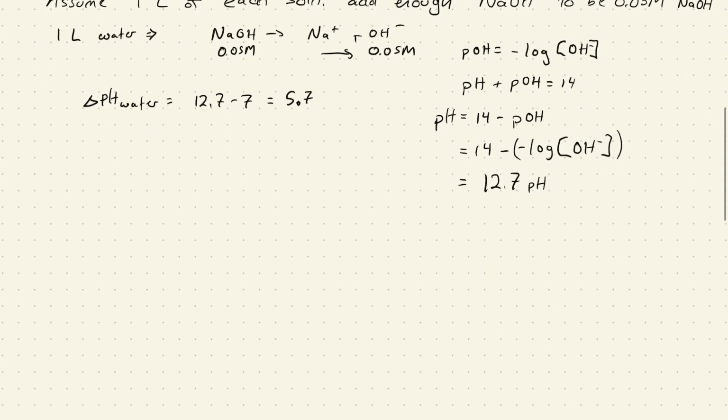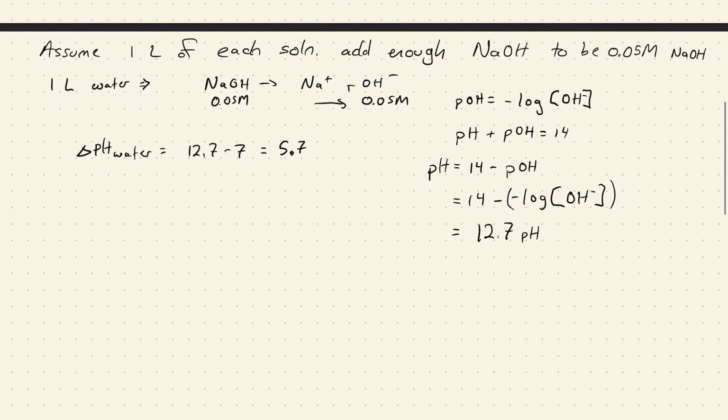Okay, so let's look at what happens if I add this to the acid. Okay, so here's what happens if we add to pure water. Now I'm going to add this sodium hydroxide to the acid.